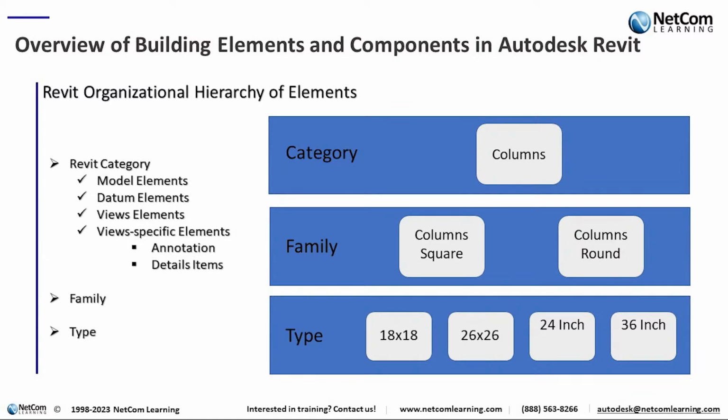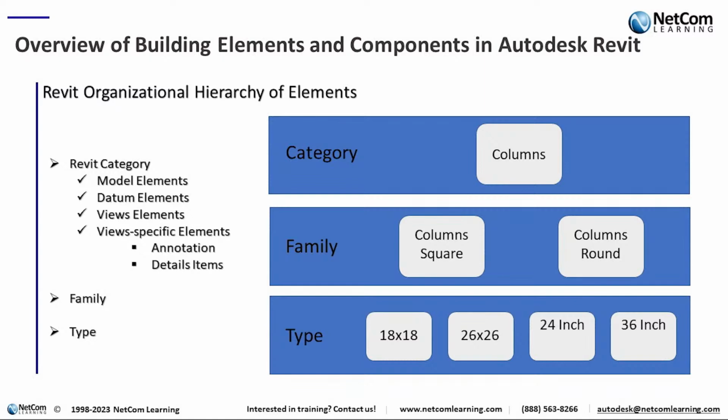I have a very good example here, with the category being columns. But under that category, you notice that I have column square, column round. If you think about it, we can actually have wood columns, precast columns, steel columns. So those are families in Revit, and we consider those families. So the category is always going to be one major element or category name, but we can have multiple families.